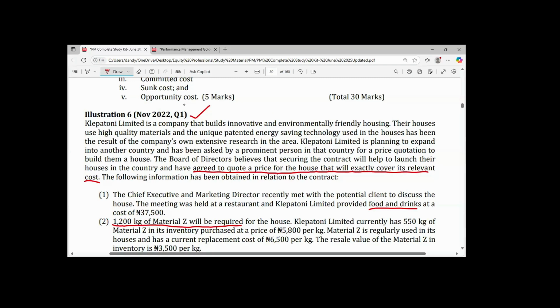The examiner can ask you to cost a project or determine a minimum price to quote. What you are asked to do is actually to determine relevant cost.